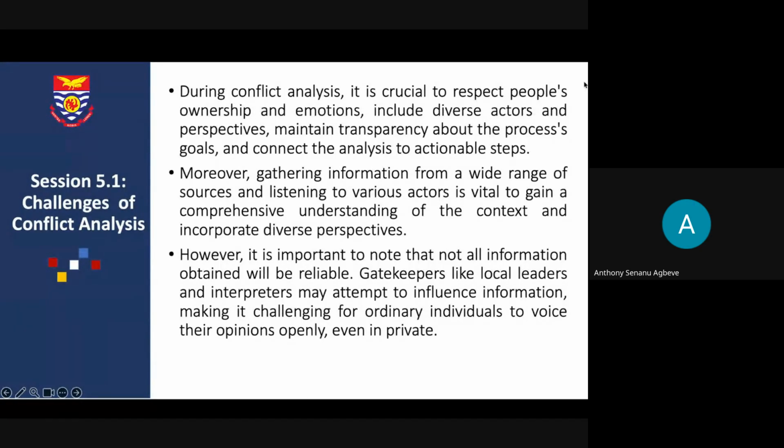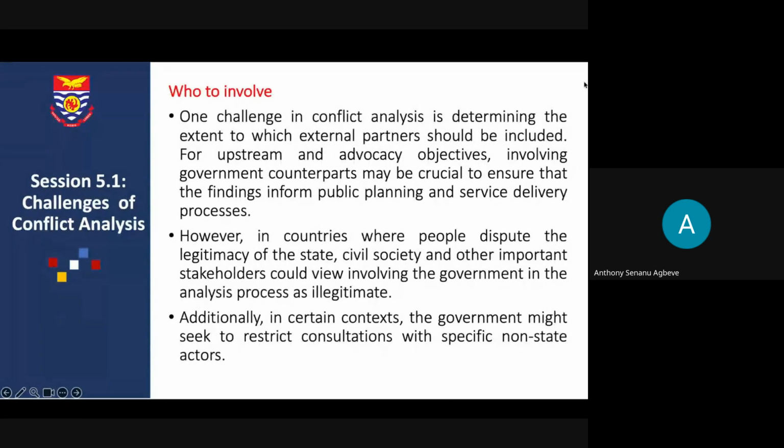But the information they might give you regarding the conflict situation can be highly biased, and that in itself might not be credible and reliable. So that can be a challenge, right? That is also one challenge you might encounter as a conflict expert in the field.